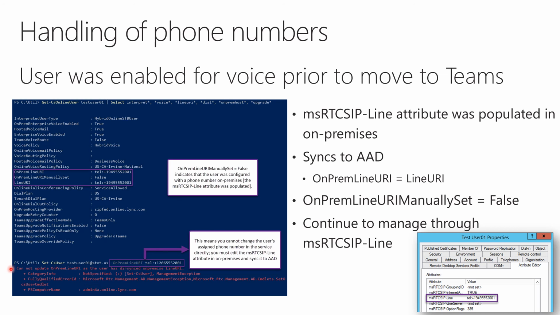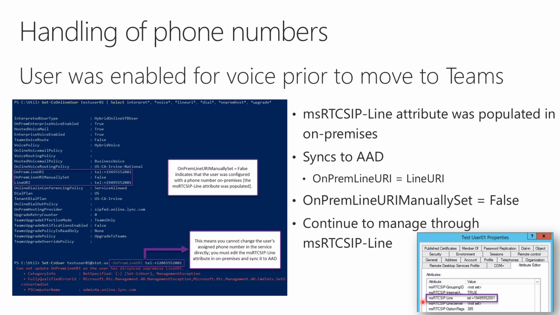Cannot update on-prem line URI as the user is a dirsynced on-premises line URI. Ooh, yeah, that's because on-prem AD is effectively authoritative for this user's phone number. That means you need to continue to manage this user's phone number through the on-prem msRTCSIP-Line attribute.